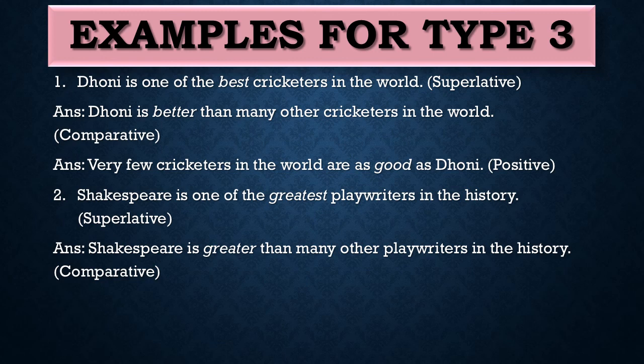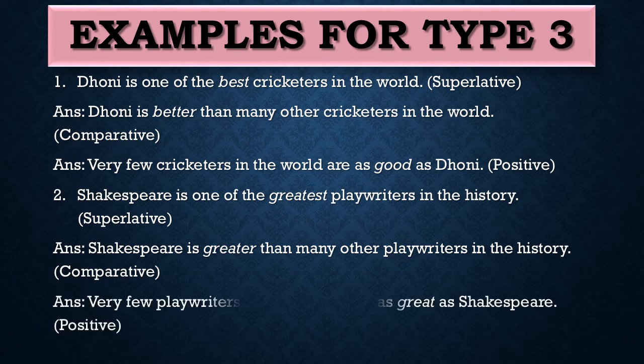Now the positive one. It will be very few playwrights in history are as great as Shakespeare. Greater will change into great. So the positive degree is: Very few playwrights in history are as great as Shakespeare.